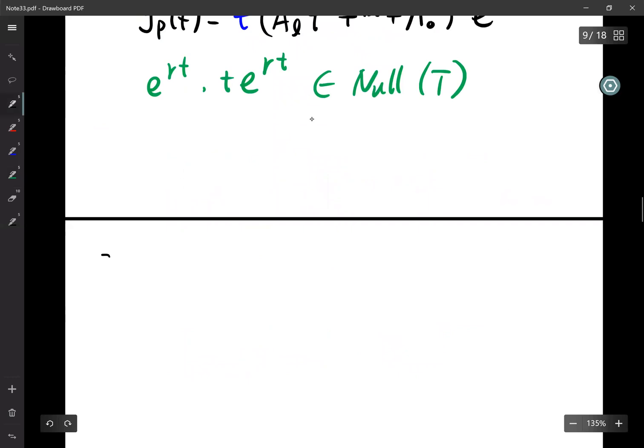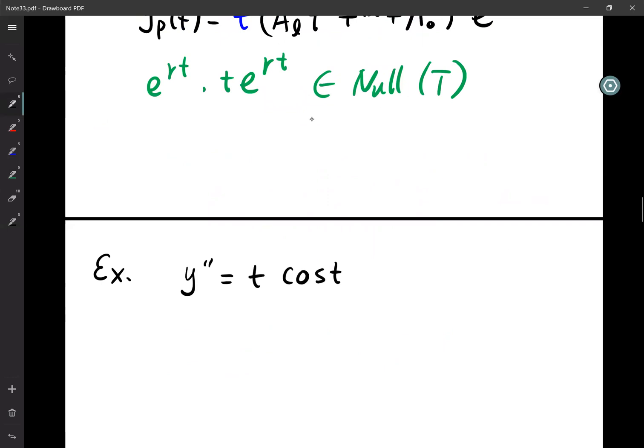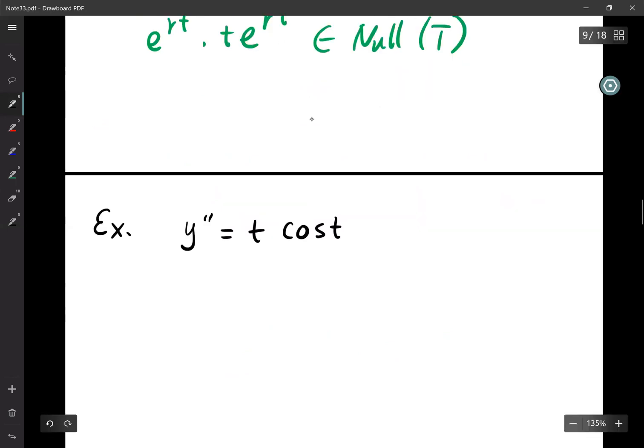Now let's consider the following example. Right-hand side is t times cosine t. Well, you see, wait a minute, you just said that t to the L exponential RT are all the cases we're going to talk about.